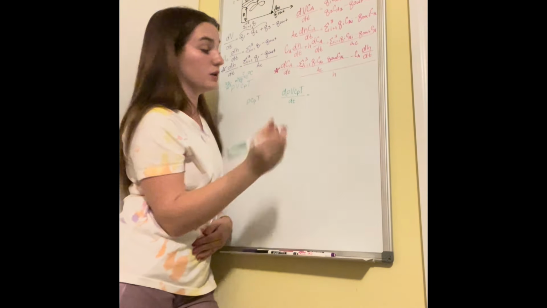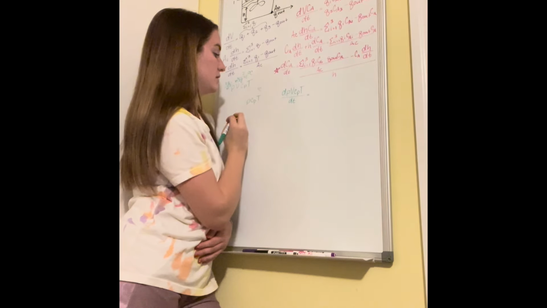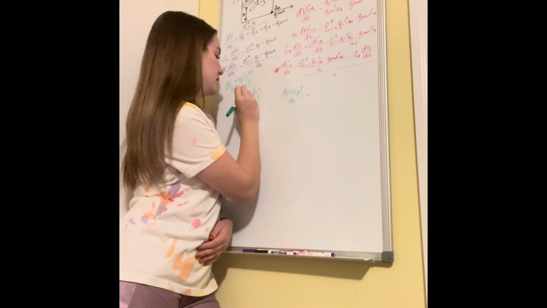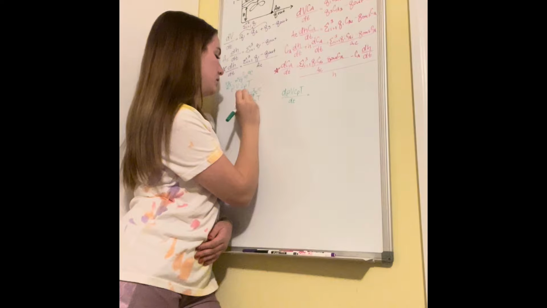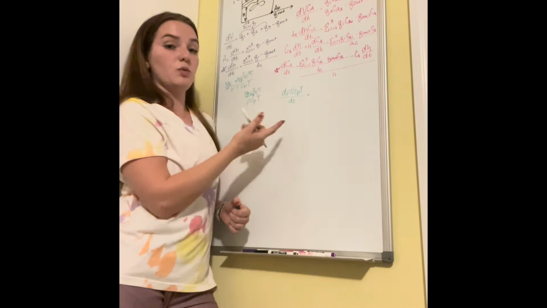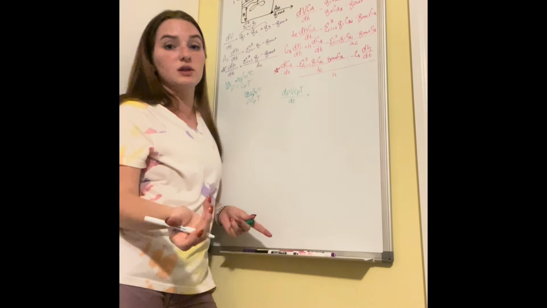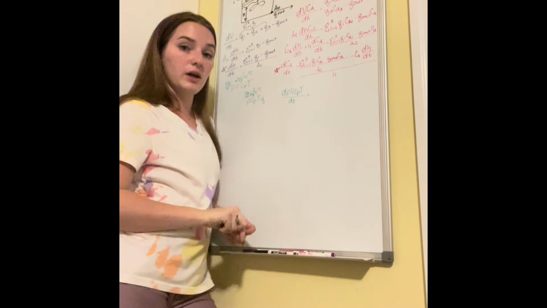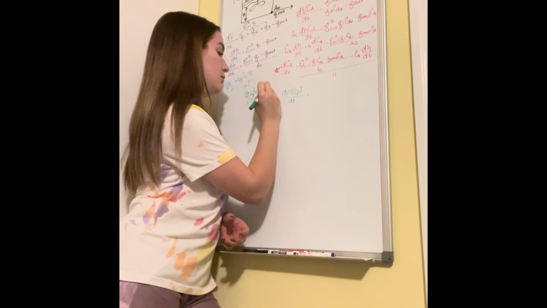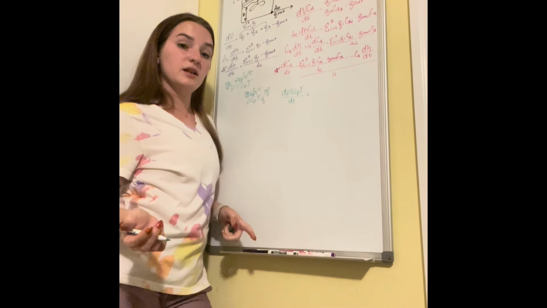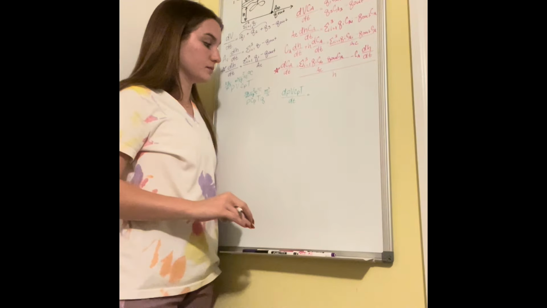So again, looking at units, we know that temperature is in degrees Celsius, our heat capacity is in joules per kilogram degrees Celsius, and that our density is in kilograms per meter cubed. So now we can see that our units for this would be joules per meter cubed, which is not what we're looking for. But we know that if we multiply by our flow rate, which is in meters cubed per second, that we are going to get joules per second, and that is what we're looking for.